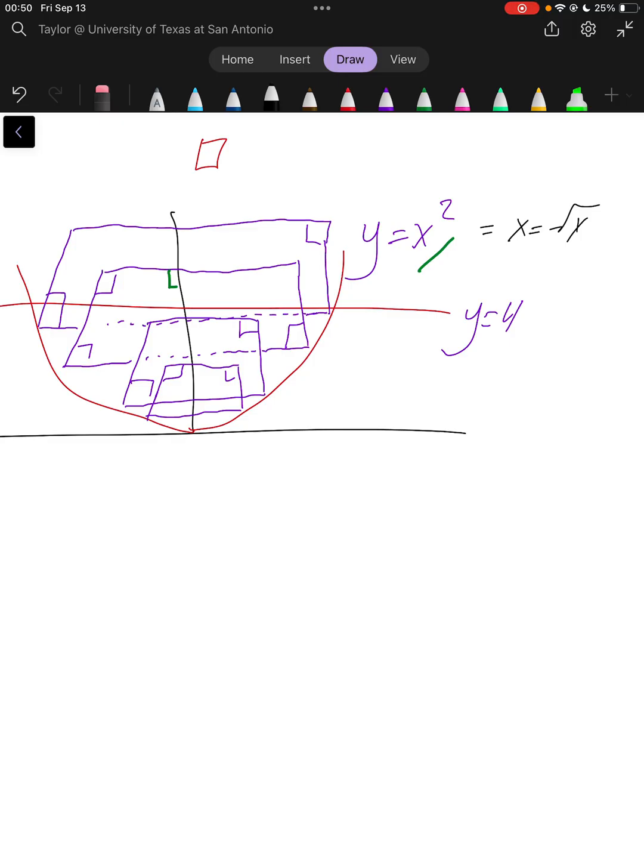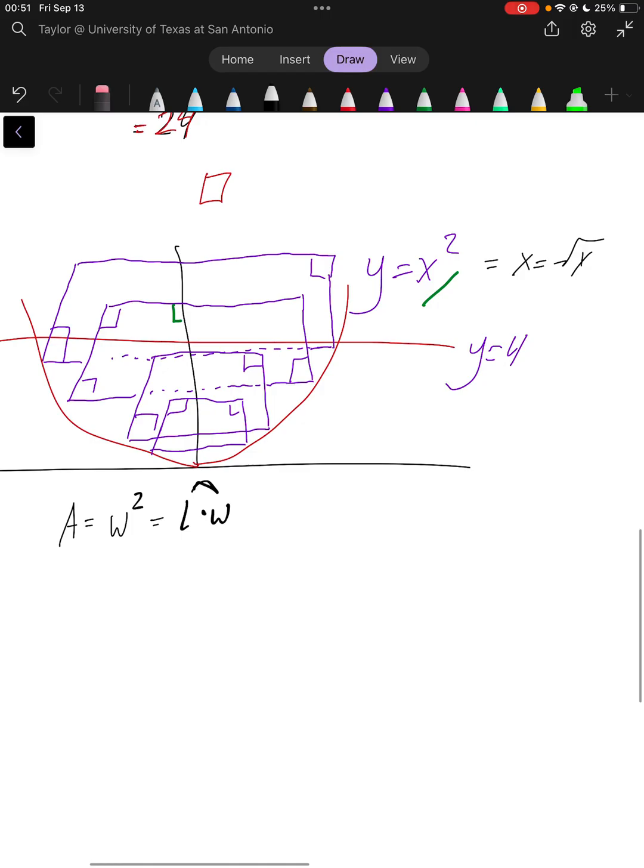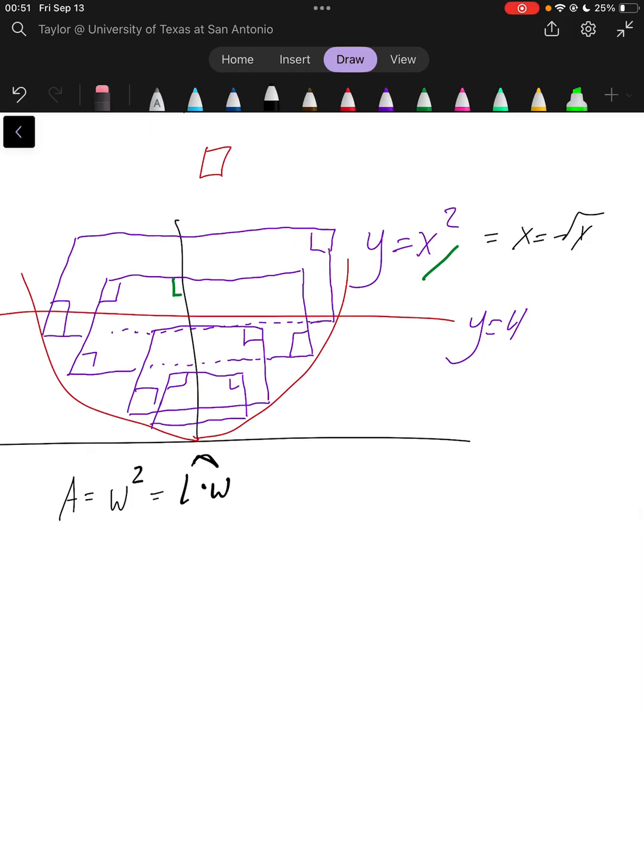Okay, awesome. The next thing we do is recall that the area of a square is A equals the width squared, or length times width, but these two are the same. So what is our width here?